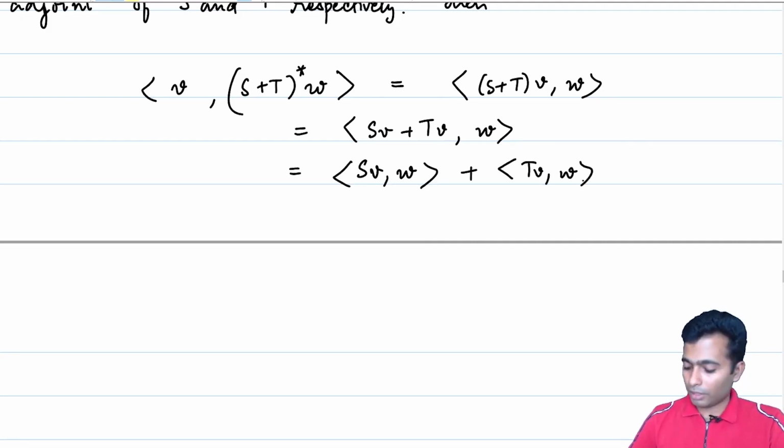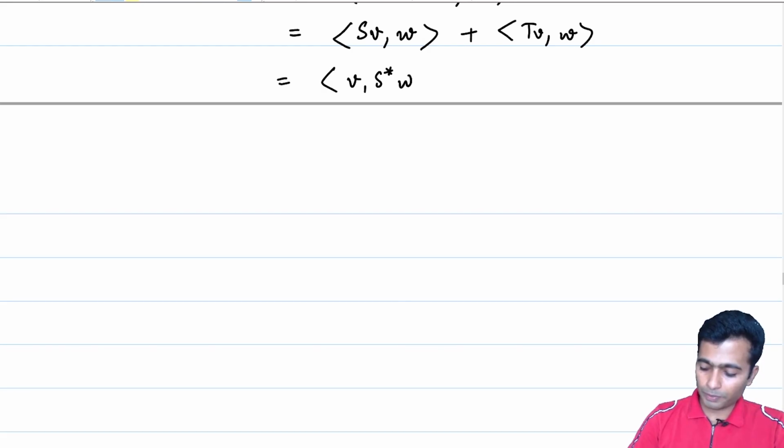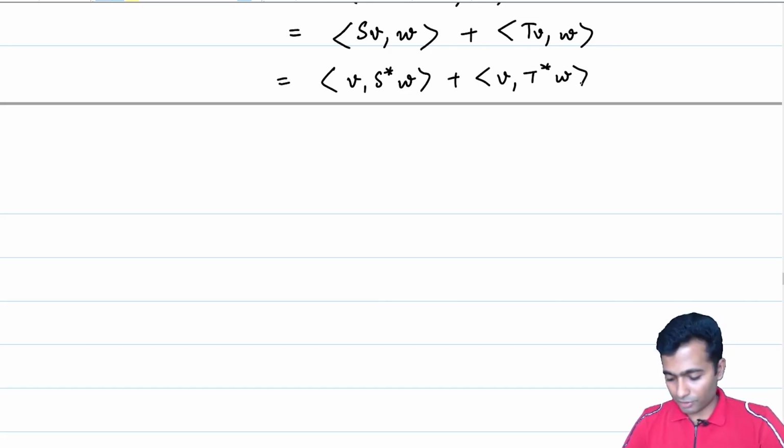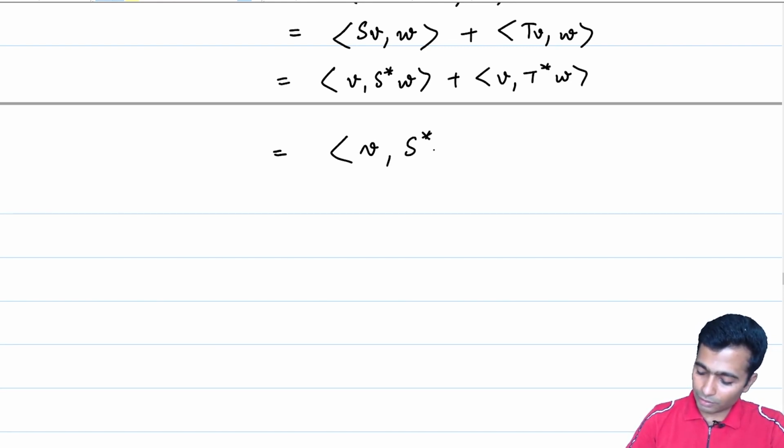We will again invoke the property of an adjoint here to conclude that this is ⟨V, S star W⟩ plus ⟨V, T star W⟩. Now this is an inner product in capital V, and again by the linear property of the inner product, this is the inner product of V with S star W plus T star W.